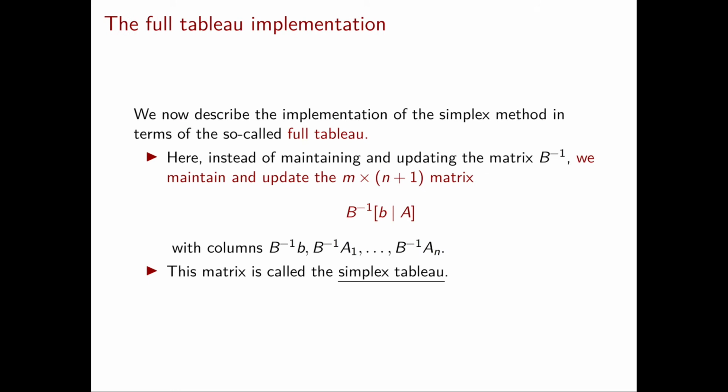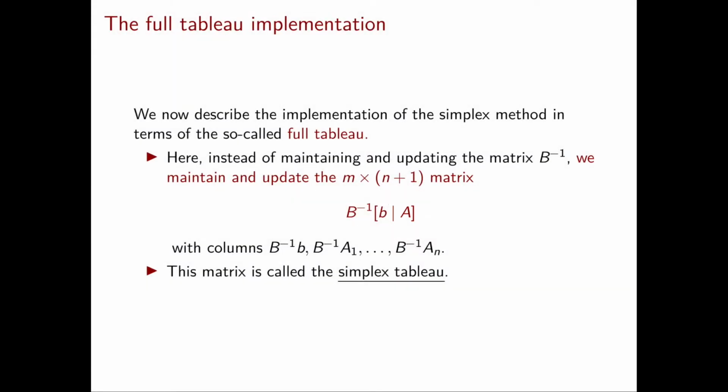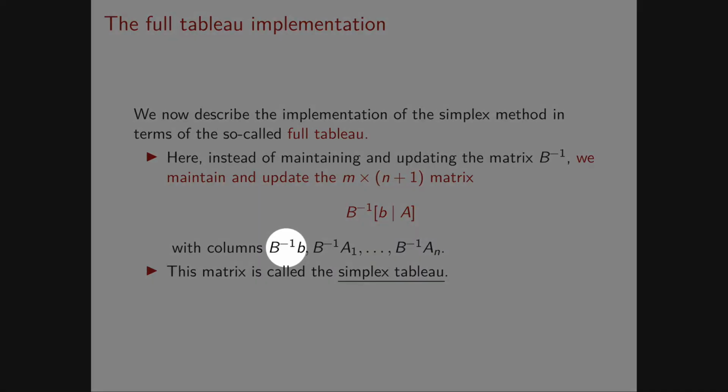The main idea of the full tableau implementation is to maintain at each iteration the matrix that is the product of B inverse with the matrix whose first column is b and whose remaining columns are A. This means that the first column is B inverse b, the second is B inverse A1, and so on and so forth until B inverse An.